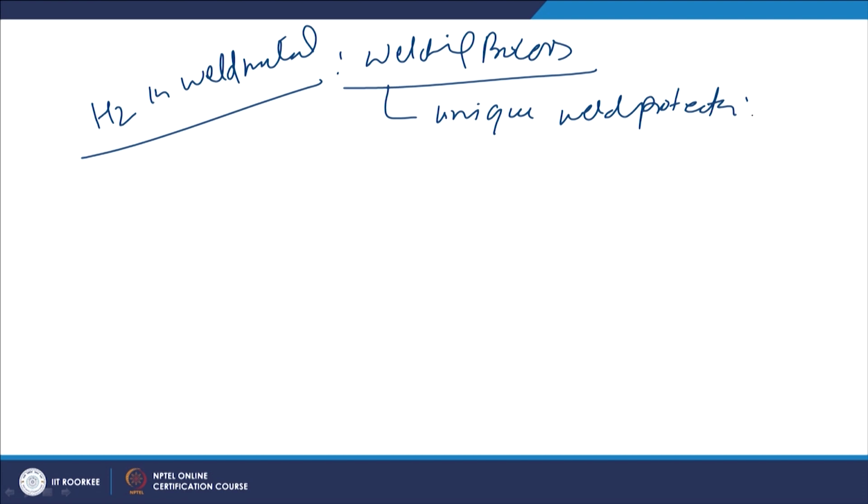Shielded metal arc welding offers lower protection as compared to the gas tungsten arc welding process, the plasma arc welding process, or the gas metal arc welding process, where inert gases are used. Then there is the kind of consumables used, like low hydrogen consumables, where either no moisture is present or no hydrogen is there in any form.